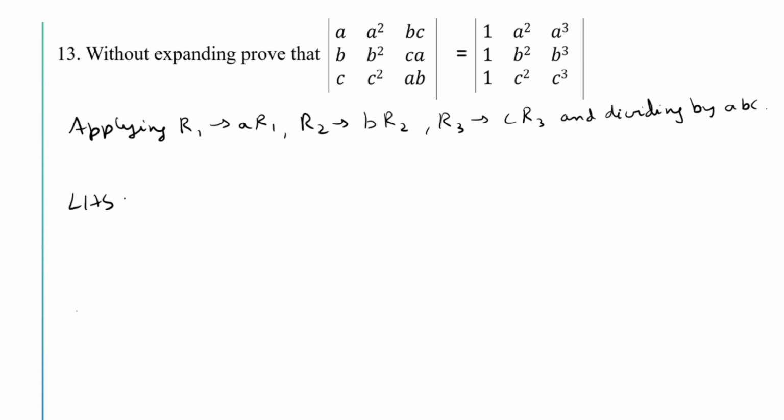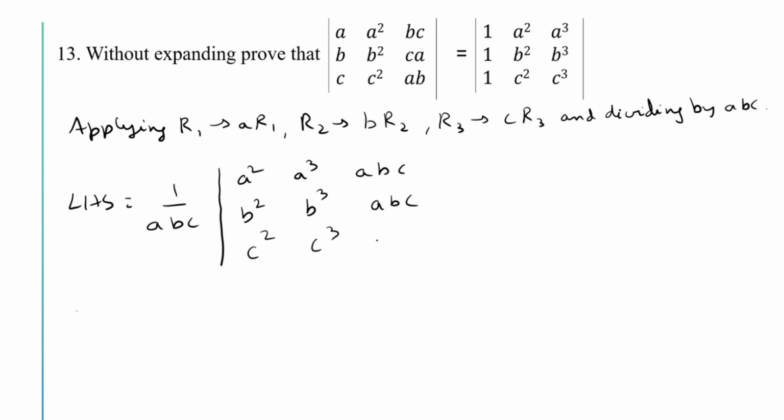left hand side is equal to 1 by abc into, multiplying the first row by a, we get first row a square, a cube, abc. Second row we are multiplying by b, so b square, b cube, abc. Third row multiplying by c, c square, c cube, abc.